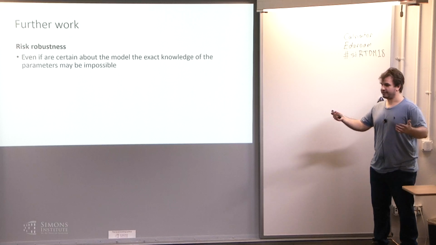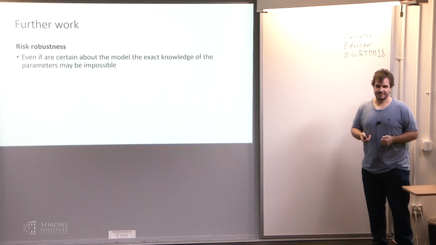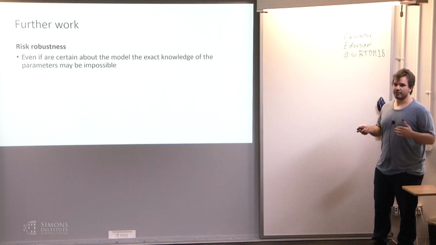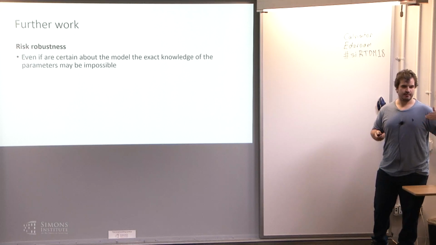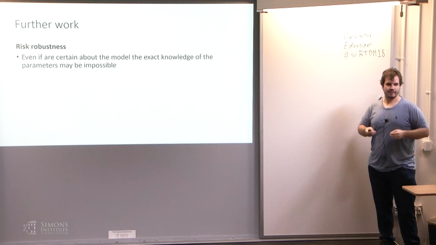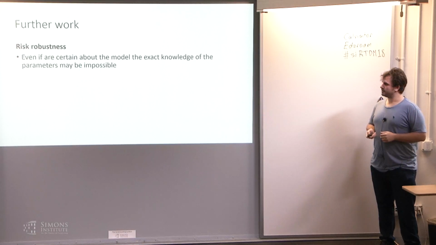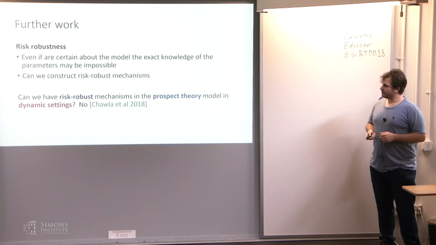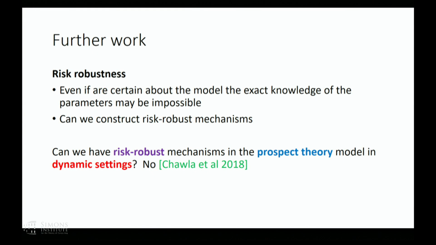How can we know their risk parameters? So can we do all of this work in a risk-robust manner, where we design algorithms that work for a family of risk parameters rather than for a fixed one? And if you ask the question, can we do all the last three together? That's not possible. That's another recent work. And with that, I would like to thank you.